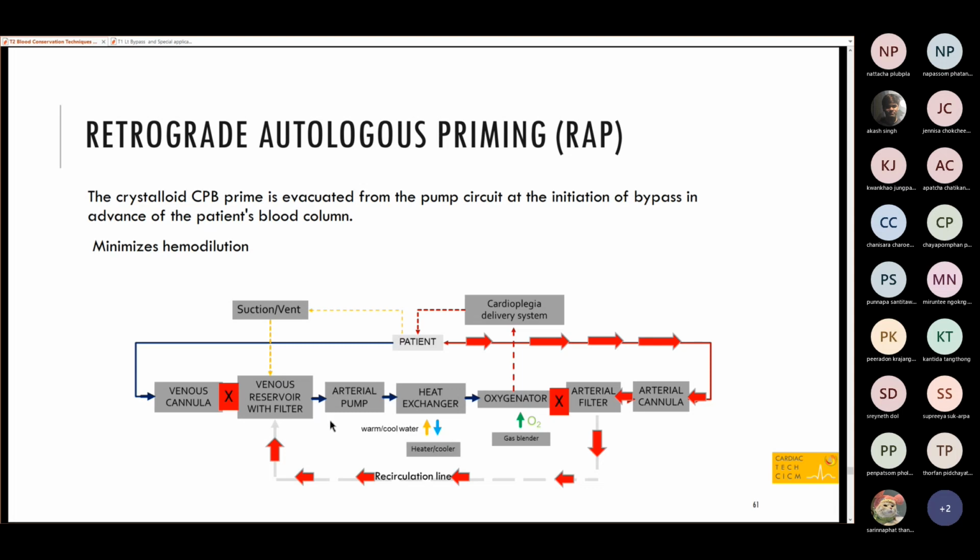Then we have another priming solution, so we can let the previous solution out and collect it in another bag.